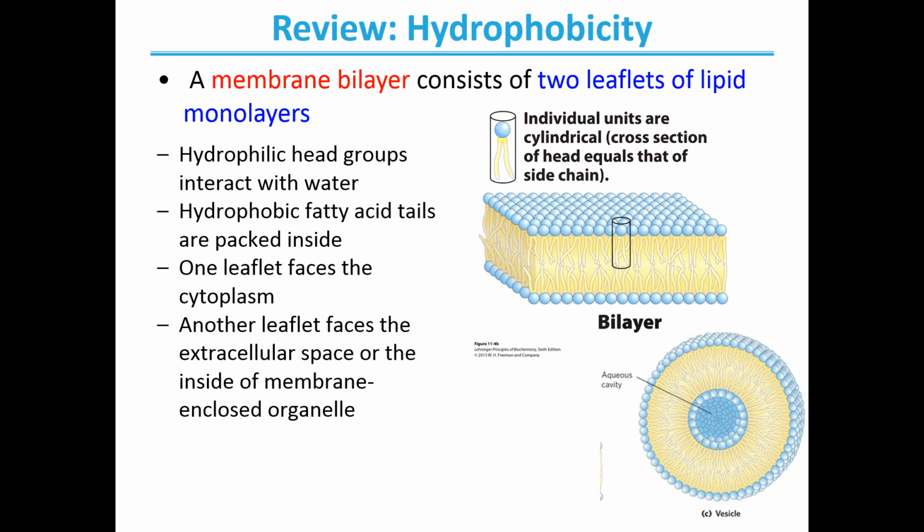The membrane bilayer is composed of lipids, mainly phospholipids, but some others that we'll review here in just a moment, that have a more cylindrical shape. That's going to allow them to form a bilayer, and if the bilayer continues to form, it will ultimately form a vesicle, and this is how we end up getting our membrane around cells.